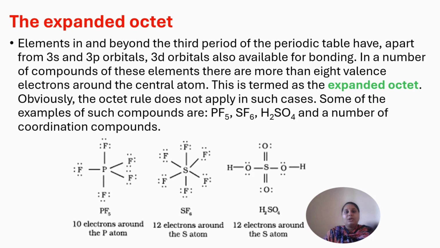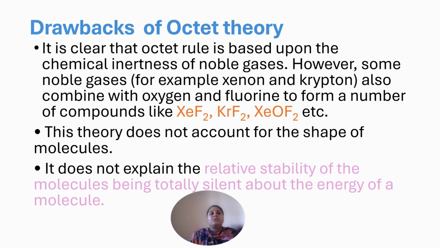Electron affinity is the negative of the energy change accompanying electron gain by the atom. Ionic bonds will be formed more easily between elements with comparatively low ionization enthalpies and elements with a high value of electron gain enthalpy.